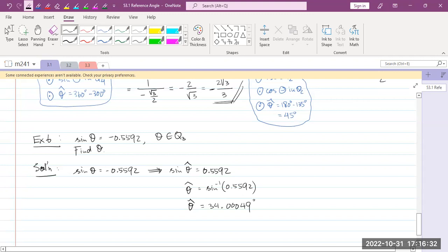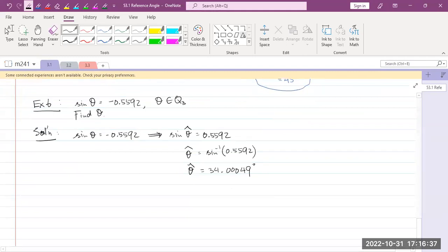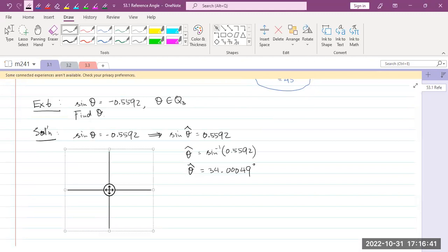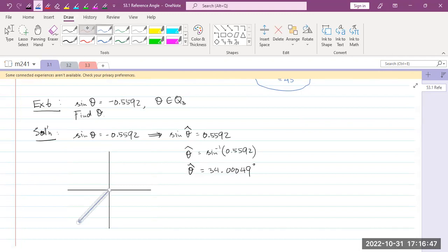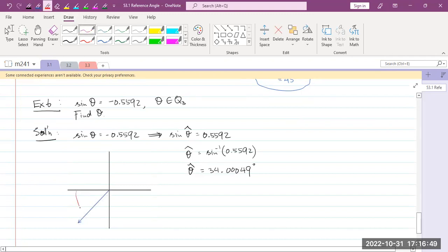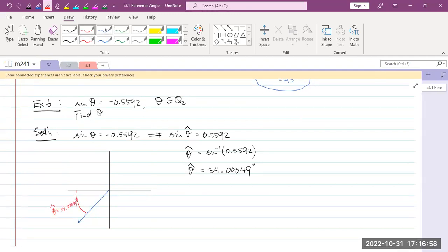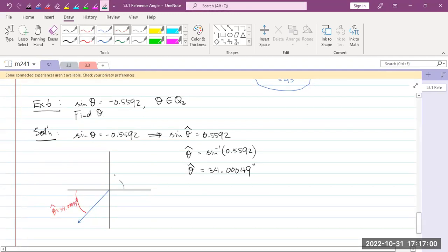Right? But this is the reference angle of theta, which is in quadrant 3. So this is our theta, this is our angle. The reference angle, the theta hat, is 34.00049 degrees. Then what will the angle be?